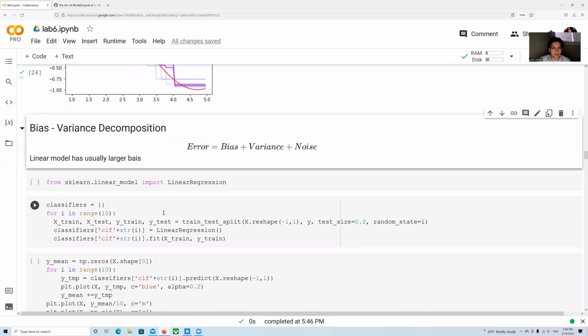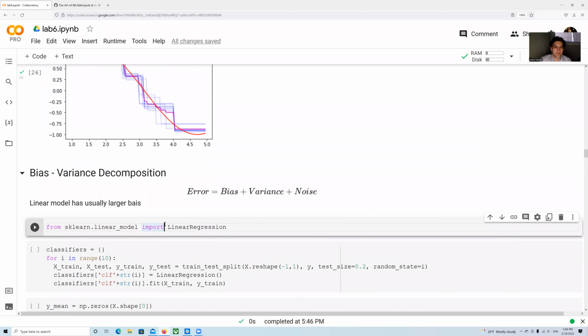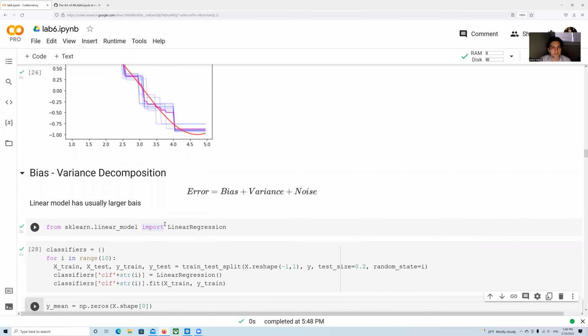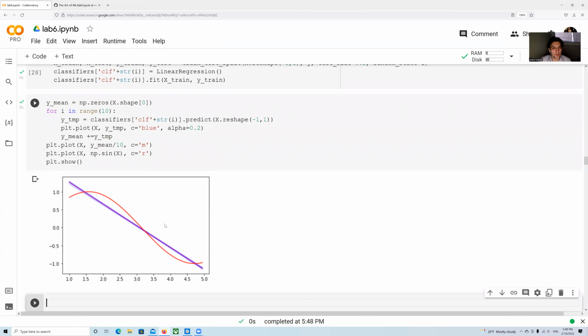So, for example, if I train 10 linear regressions on the same sinusoidal plot, we will get this figure.